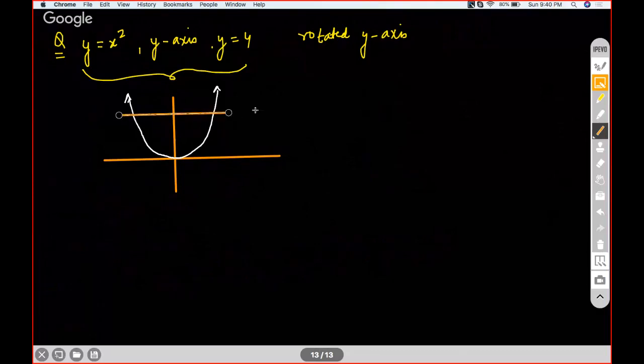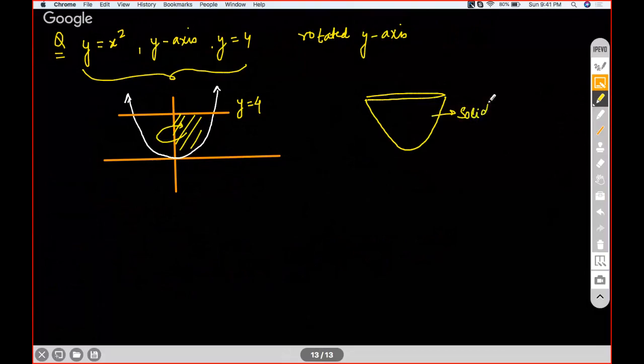You can take either of the regions, it will not make a difference. The same thing is rotated about y-axis. That means it will be like a vessel like this. So this is the region which is rotated. This region is rotated like this. So this solid is generated.